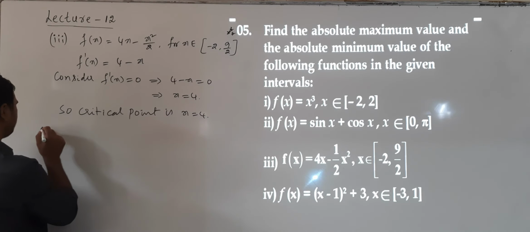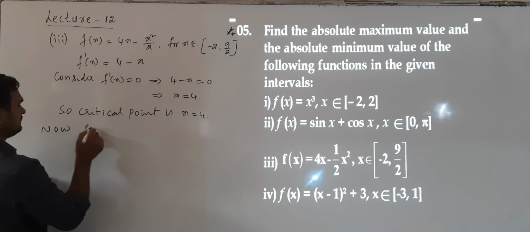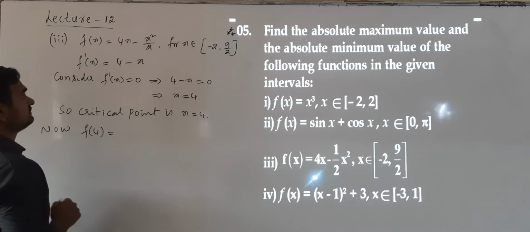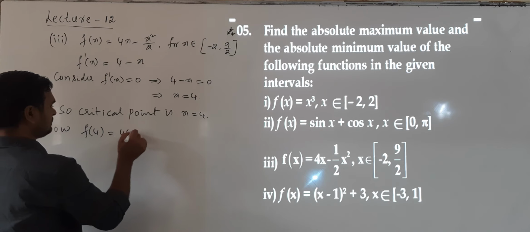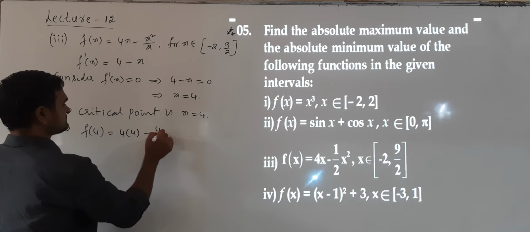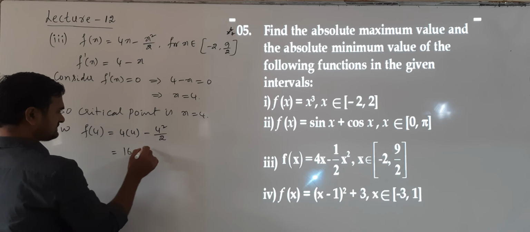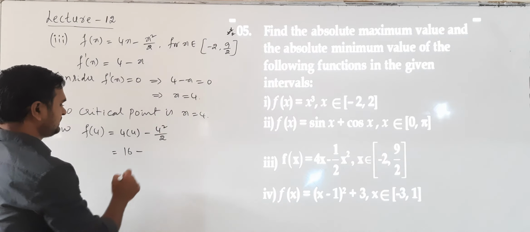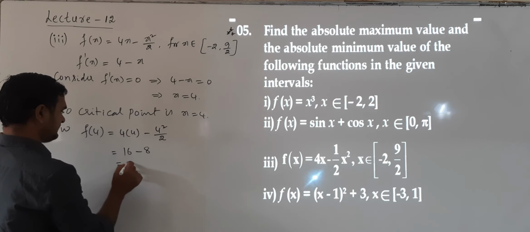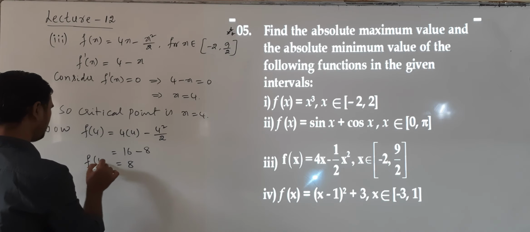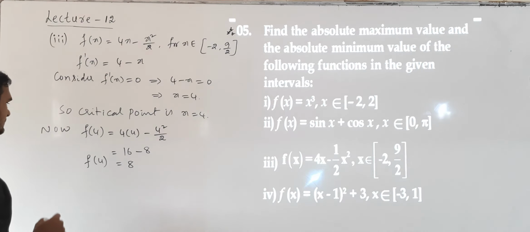So now let us find f of 4. It is 4 into 4 minus 4 square by 2, which is 16 minus 16 by 2, which is 8. So f of 4 is 8.